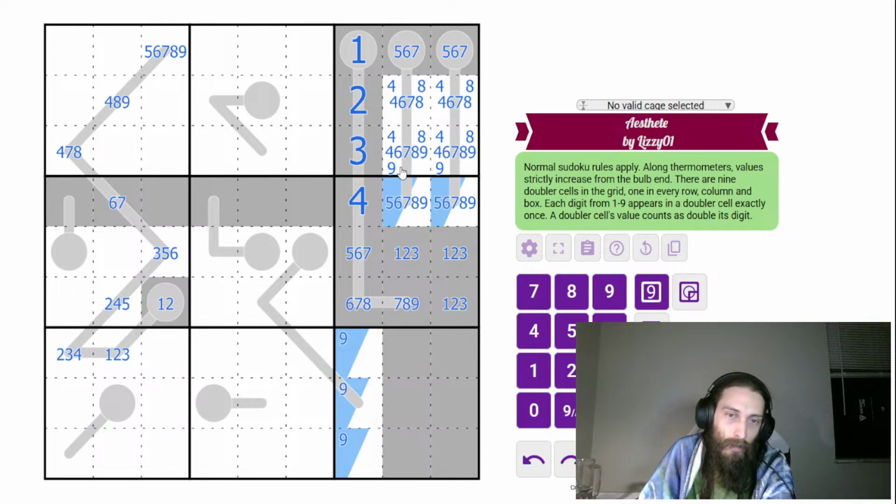But 4 can no longer be doubled. So this couldn't be a doubled 4, nor could that be.